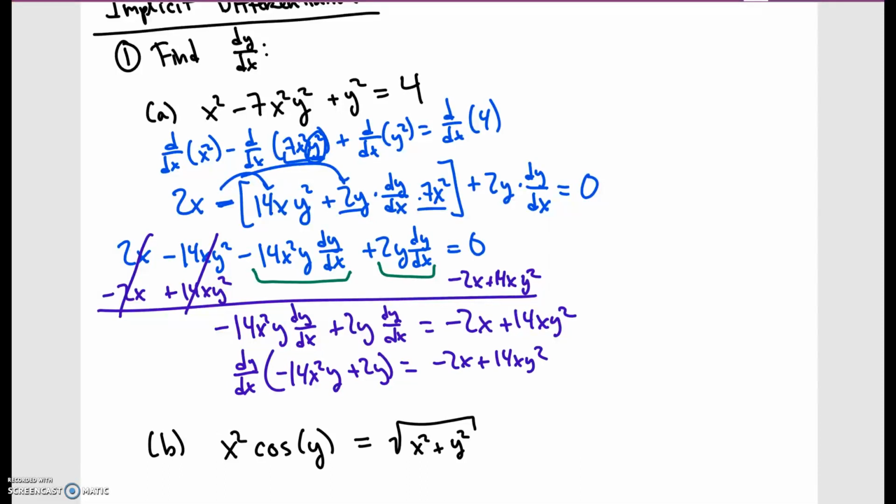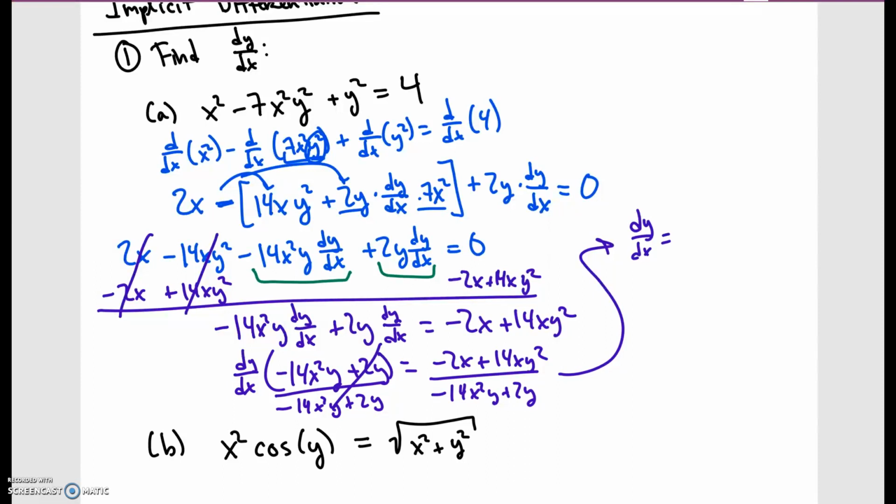Then all I've got to do is divide by negative 14x squared y plus 2y. All right, and what I'm left with is dy over dx is equal to negative 2x plus 14xy squared divided by negative 14x squared y plus 2y.